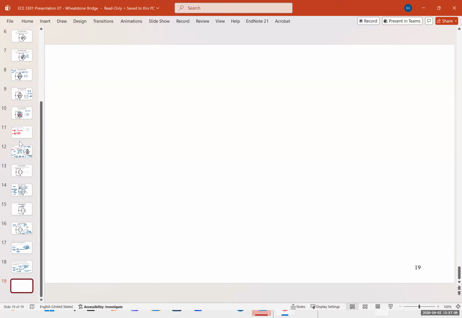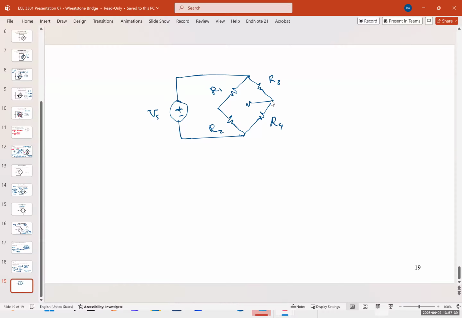So imagine we have this circuit, we have R1, R3, R2, and R4, which are connected to a voltage source, Vs. But in this case, we have a galvanometer in the middle, and I'm going to call it RG.